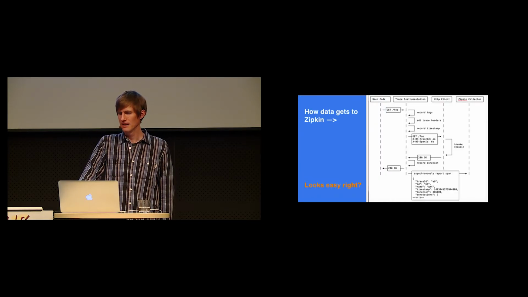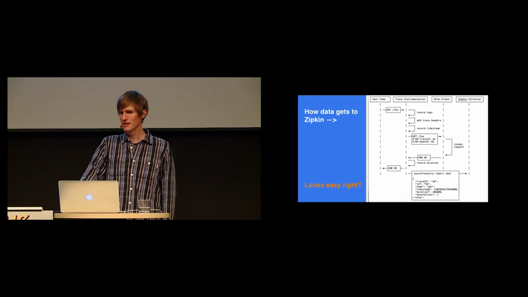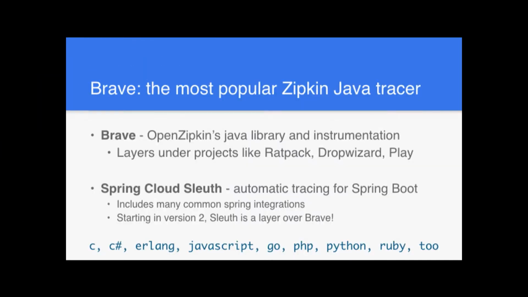We saw this, and I said it looks easy, right? Well, you don't really want to write your own code unless you really like this as a hobbyist job, because there are lots of interesting bugs that will wear you down. The most popular Java tracer was a library called Brave, originally created by Adrian when he was at TomTom, and it has had a couple of revisions.